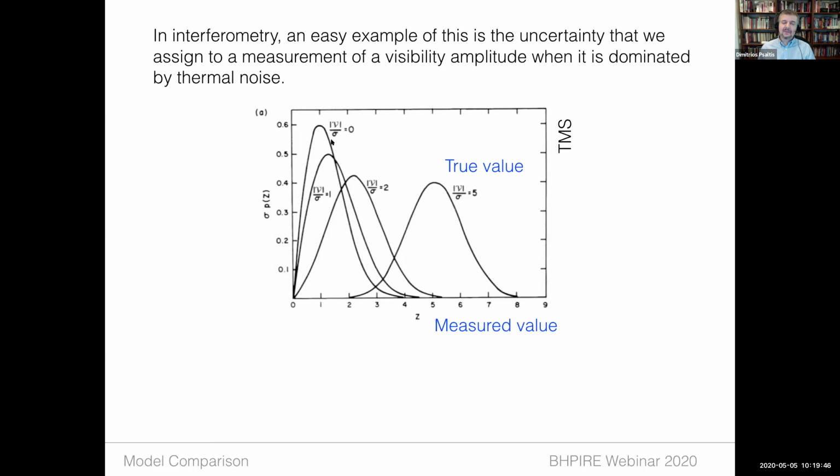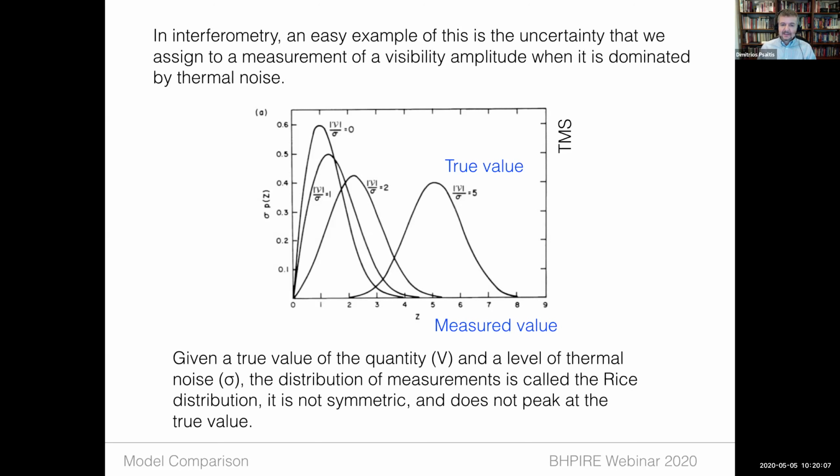But as you go to smaller and smaller and smaller intrinsic values of the quantity that you're trying to measure, especially when you have zero visibility to measure, there's nothing, the source does not emit anything at that particular baseline length that you're observing, you still have a distribution of measurements that you're going to make, which is nothing but your thermal noise, right? And that distribution is asymmetric. This is a well-defined distribution for purely thermal noise.